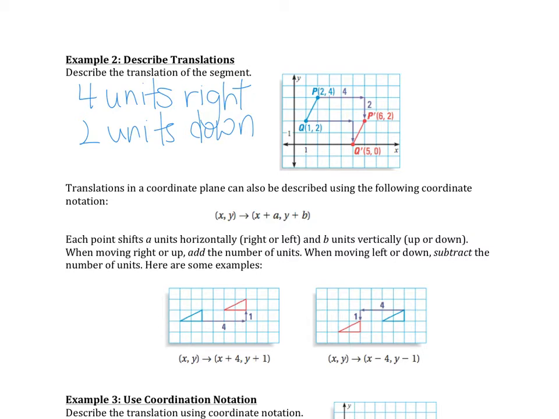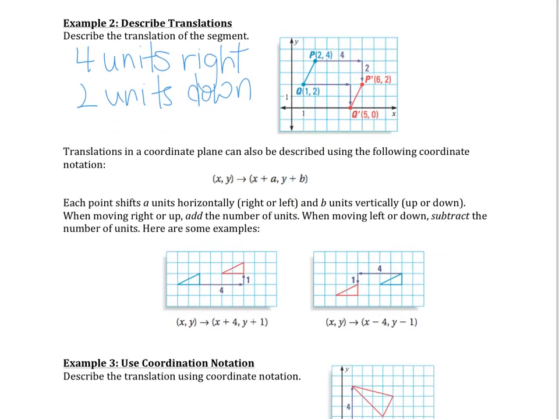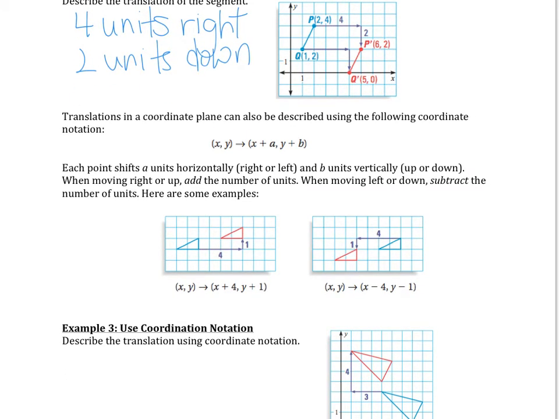We can also describe them using coordinate notation. So when we describe it, take the original point x, y, and in our prior case, 4 units to the right would be adding, moving to the right would be adding, so it would be that point.